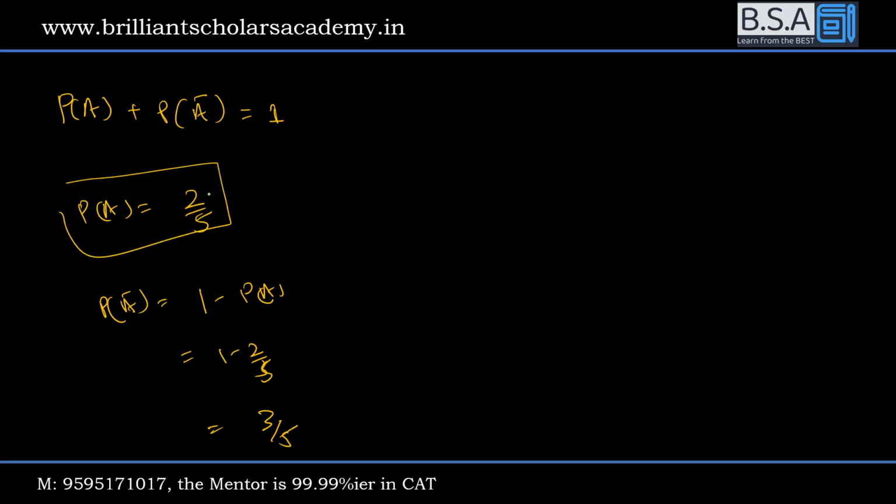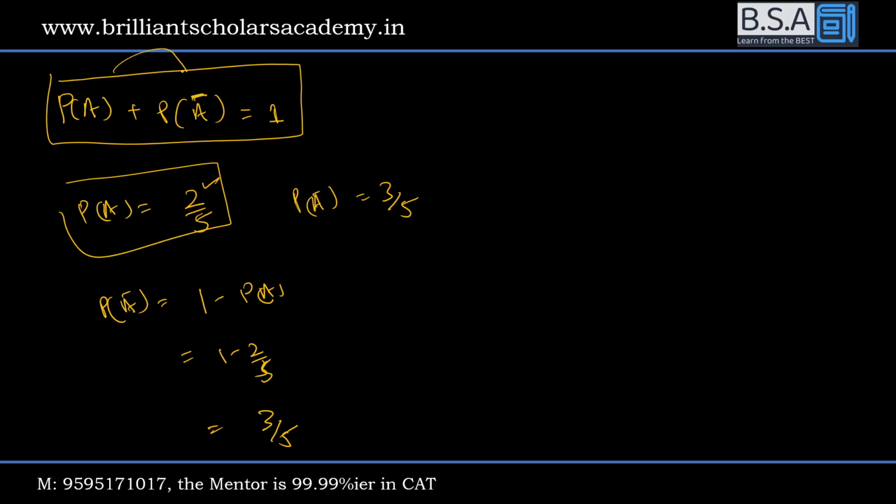A के होने के 2 chances out of 5, तो A के नहीं होने के 3 chances out of 5. Probability of happening and not happening will always add up to 1. ये इसका complement है. So complement and the probability adds up to 1 always.